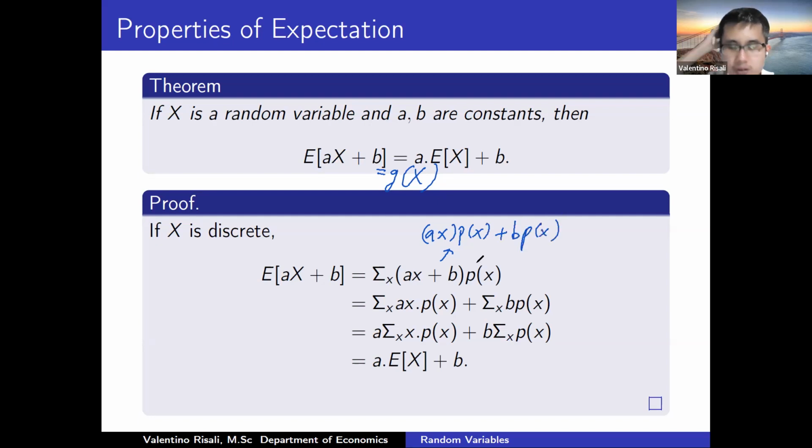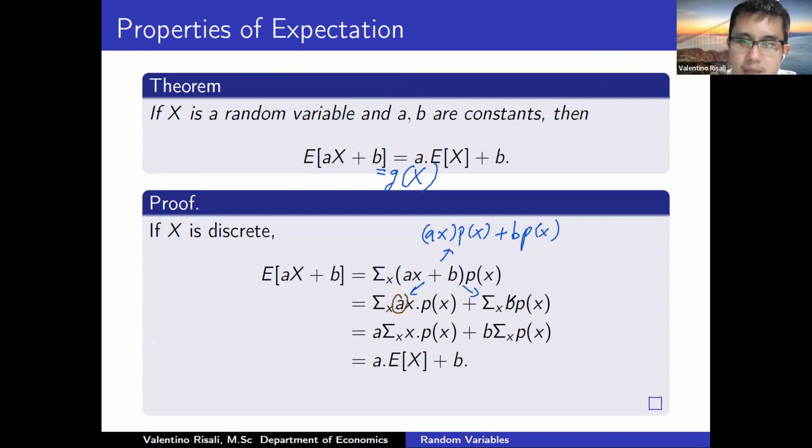After that, from the properties of the sigma, we can split our sigma into these two sigmas: sigma of ax times p(x) plus sigma of b p(x).